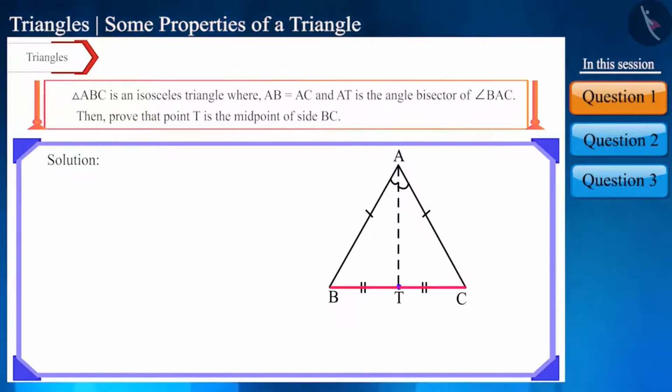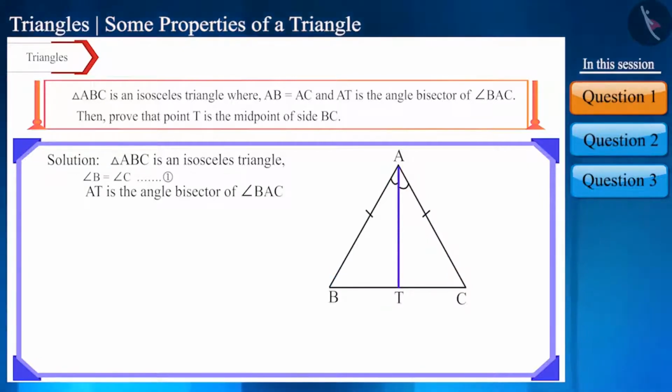It's given that triangle ABC is an isosceles triangle. Therefore, angles opposite to its equal sides, angle B and angle C, will be equal. And according to the question, AT is the angle bisector of angle BAC. Therefore, these two angles will be equal.